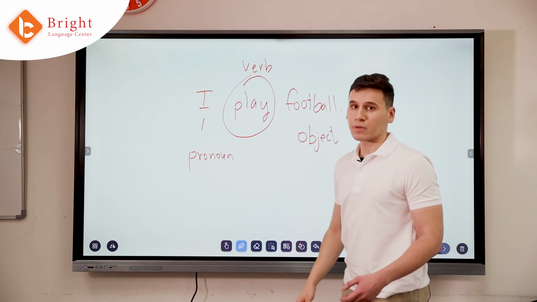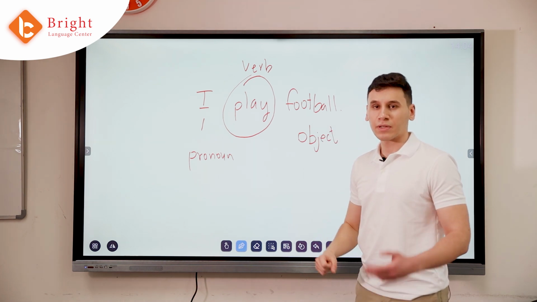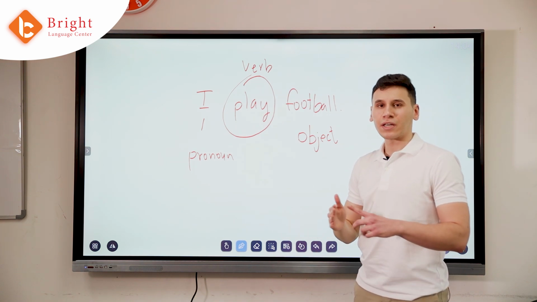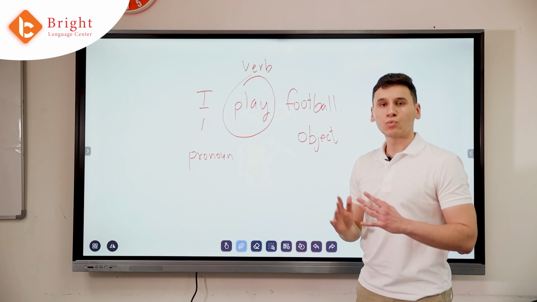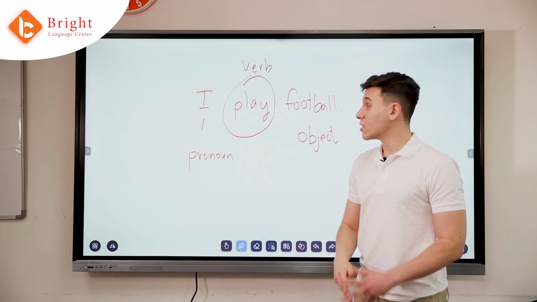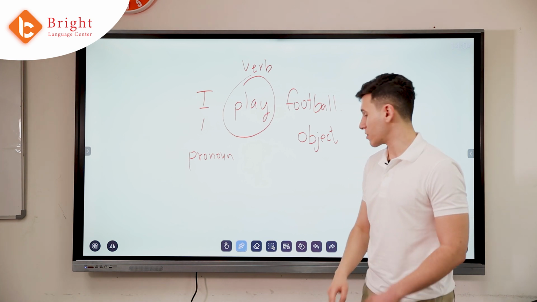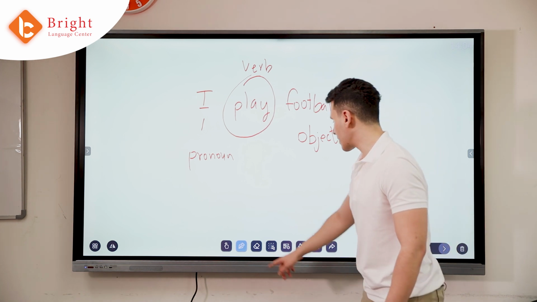So the rule is simple. Make sure that your pronoun matches with the verb in the correct ending. With I, you, we, and they, we do not add an S to the end of the verb. But when it comes to he, she, and it, we must add an S to the end of the verb. Let's take a look at one of those examples here.